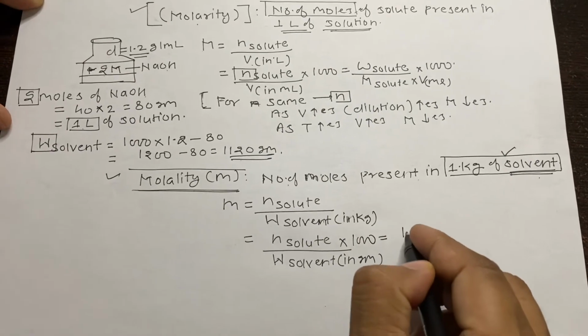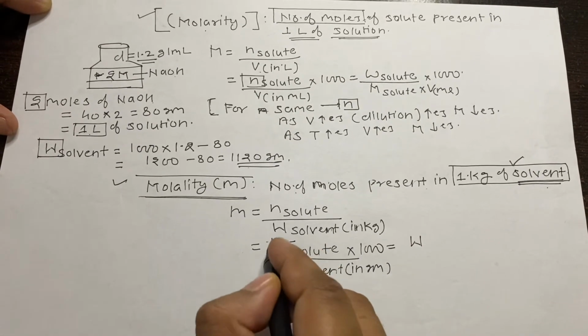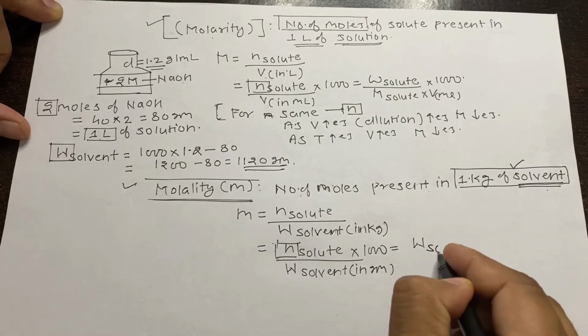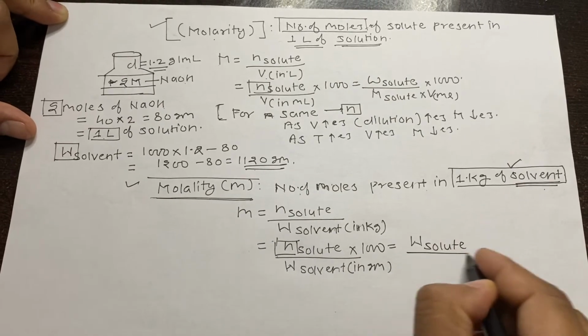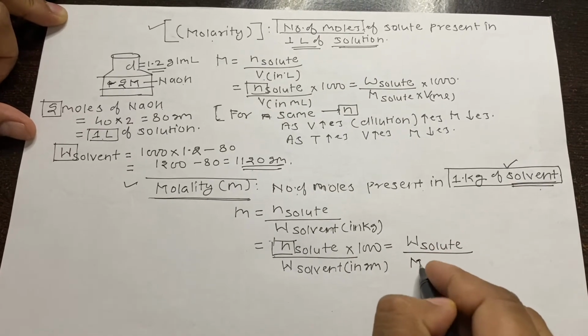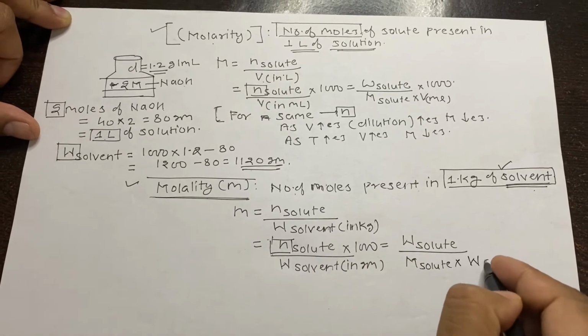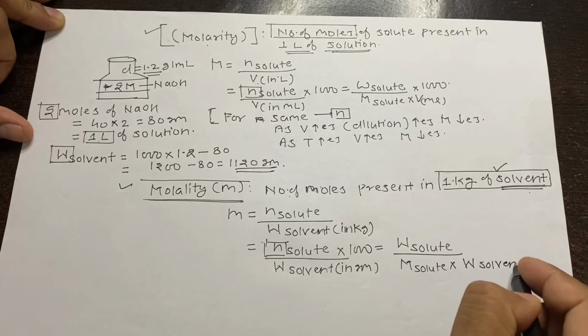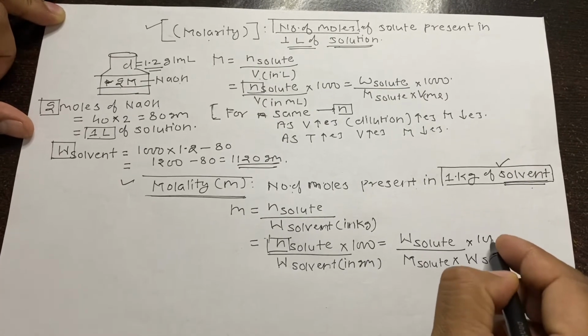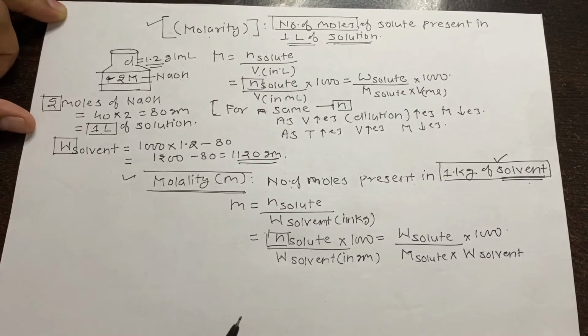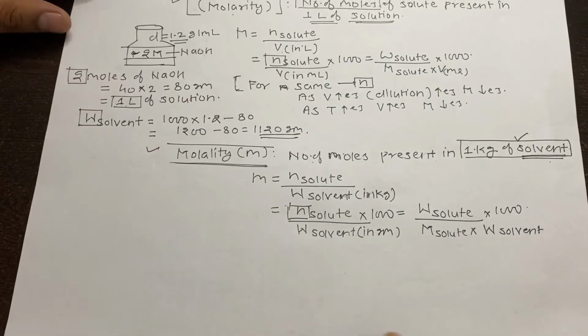Moles of solute again equals W solute divided by molar mass of solute. So this is the expression to calculate the molality of a solution.